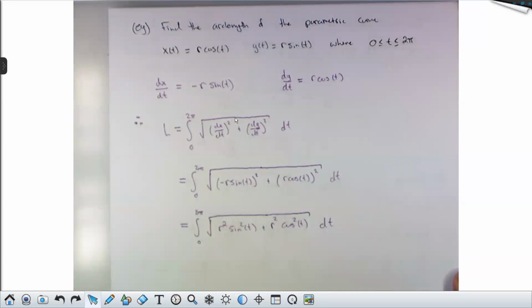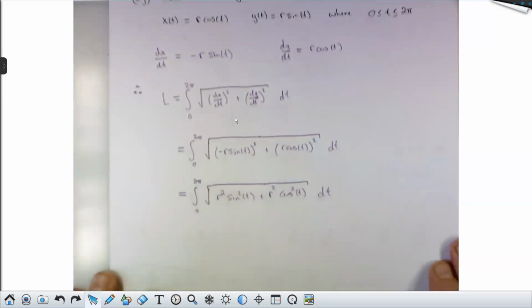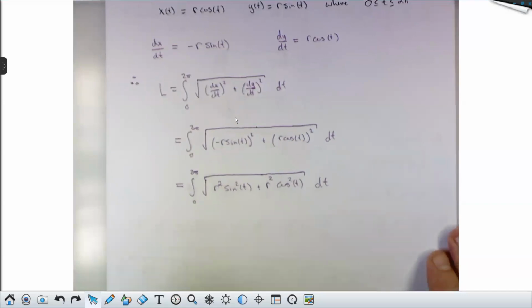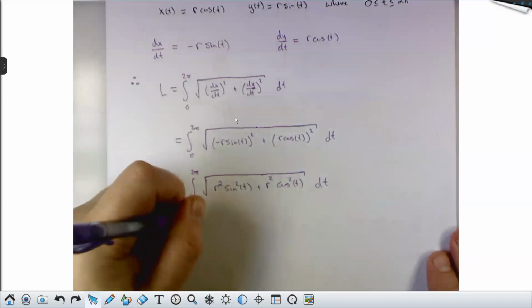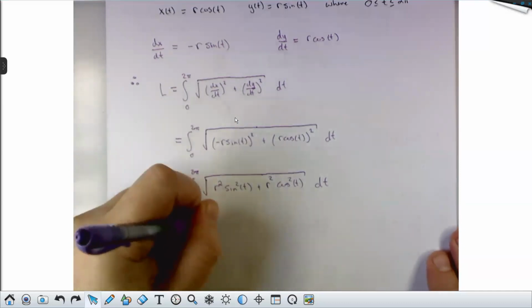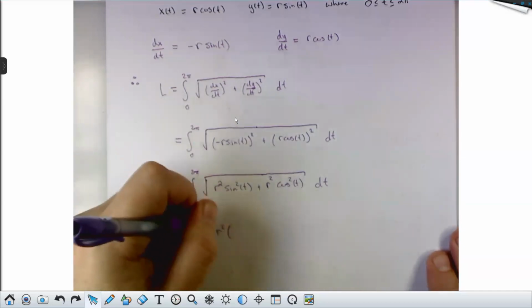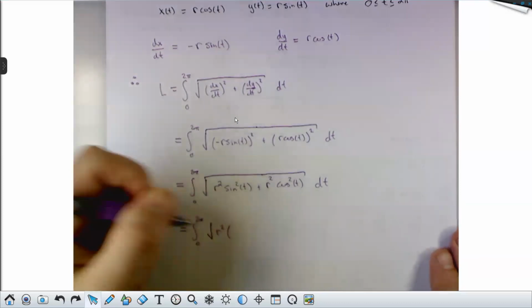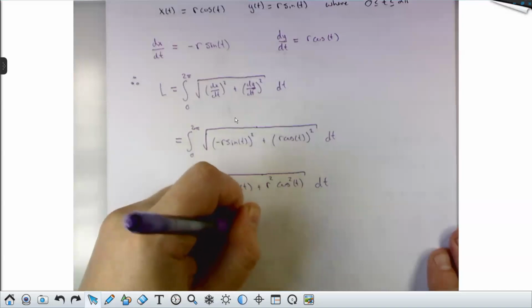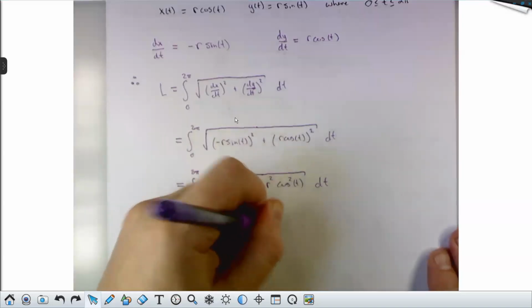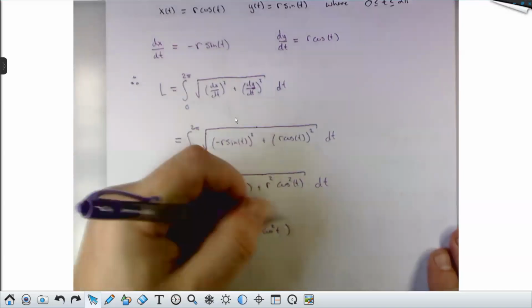So my integral becomes this. And you have a common factor of r squared. So this is the integral from 0 to 2 pi of the square root of, if I factor r squared out, what's left is just sine squared t plus cos squared t.